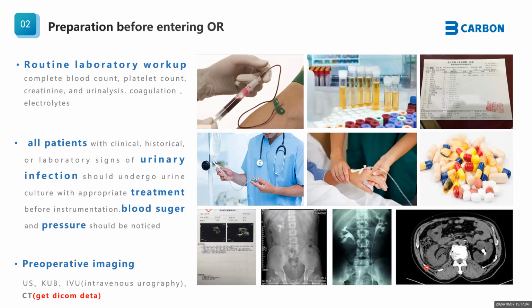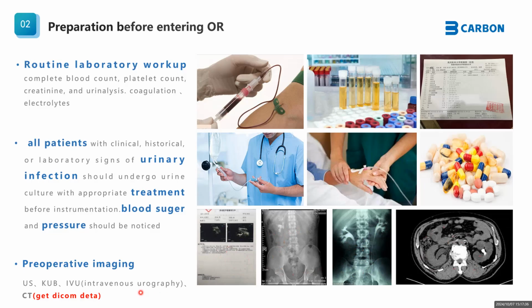But CT scan is the gold standard for the diagnosis, and the others can also give other information of the patients, like renal function, the ureter conditions, something like that, or the stone size, location, something like that.